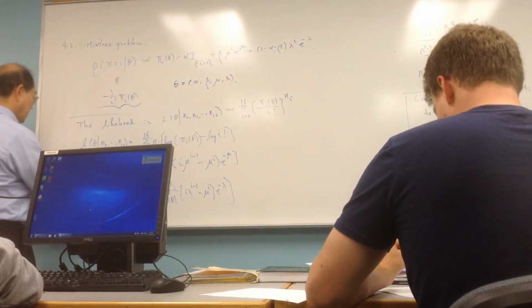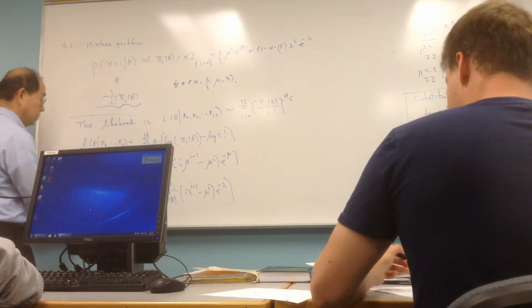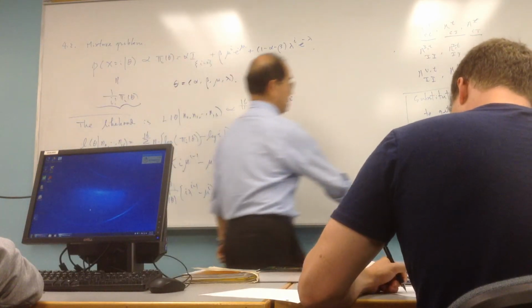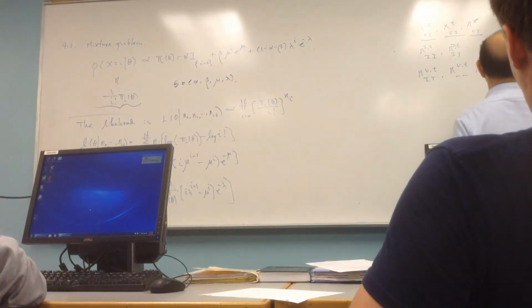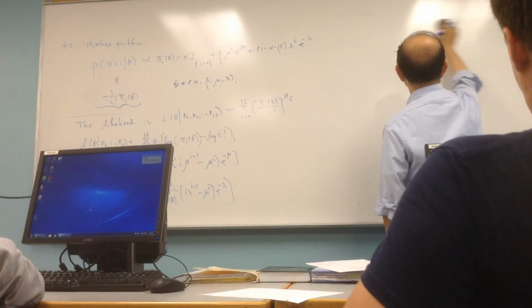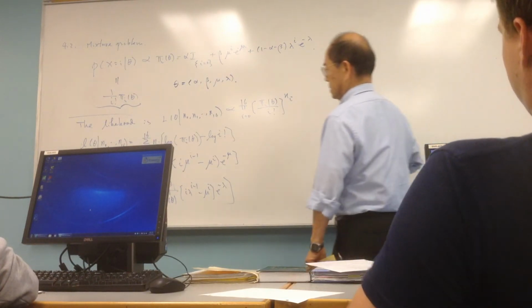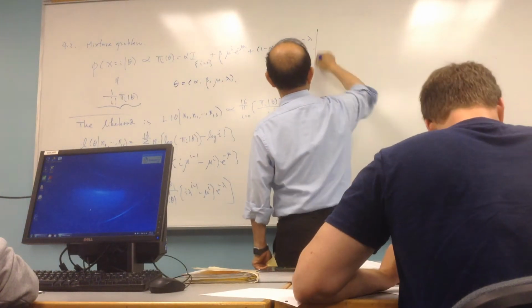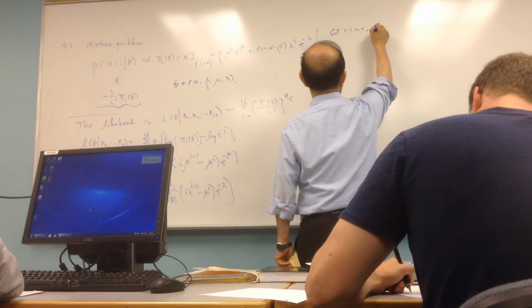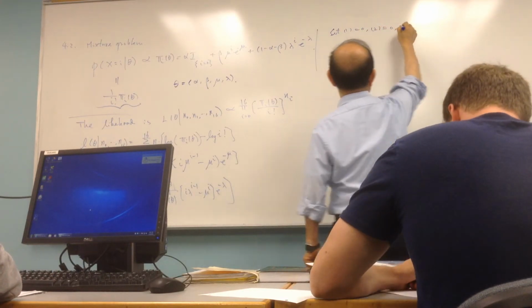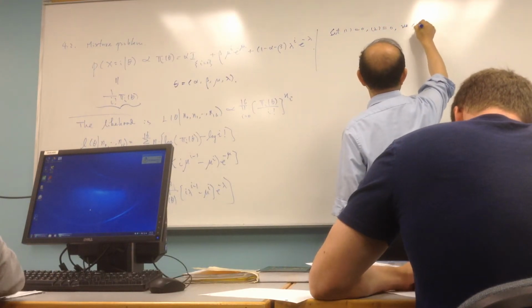Suppose I call these equations 1 and 2, and you set 1 equals 0 and 2 equals 0, and then we get the following.